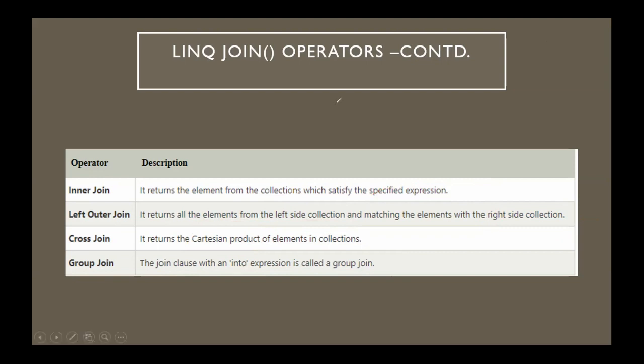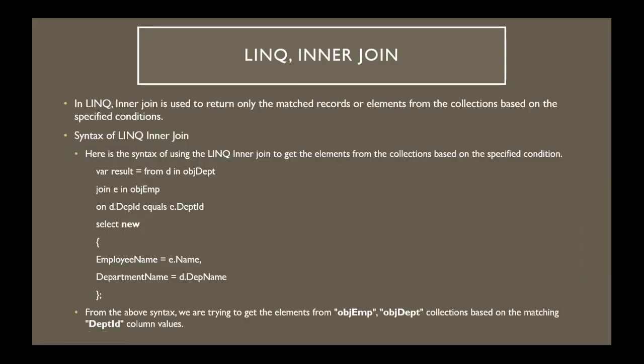First, let's understand the LINQ inner join. The inner join is used to return only the matching records or elements from the collection based on specified conditions. Here is the syntax of the inner join: from D in this data source, join E in object EMP.